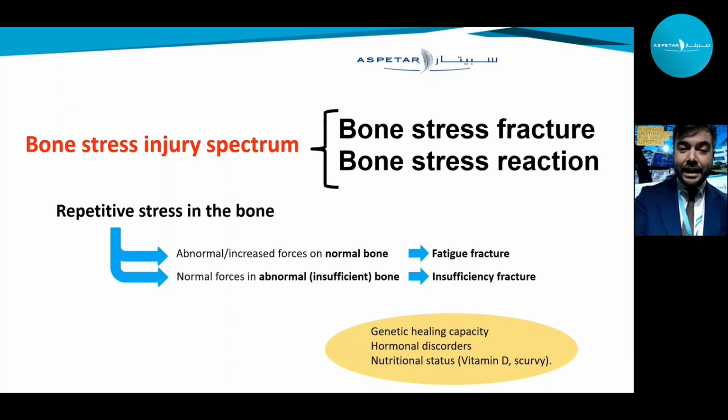Those factors are the genetic healing capacity of the patient, some hormonal disorders that are sometimes subclinical, and also the nutritional status, like vitamin D deficiency or vitamin C deficiency, which can make the bone a little bit weaker and bone stress injuries more likely to happen.